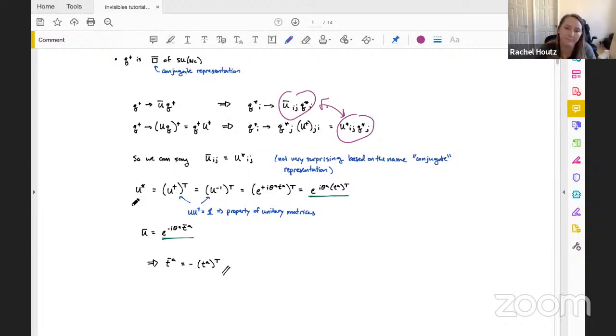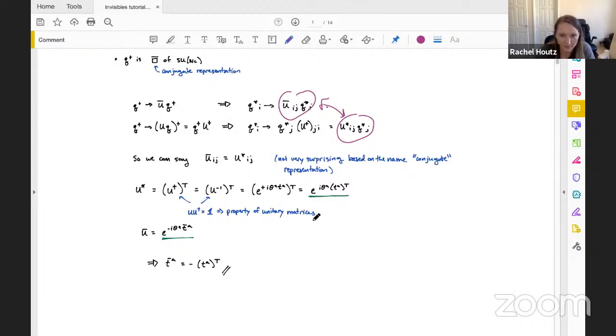So rewriting U star again, you know that U star is U dagger transpose, right? Because the dagger is the complex conjugate transposed, and then two transposes gives you the original. And then we also know that U is a unitary matrix, right? So U dagger times U is the identity matrix, meaning that U dagger is U inverse. So we can write this, and then we know what the inverse matrix is.